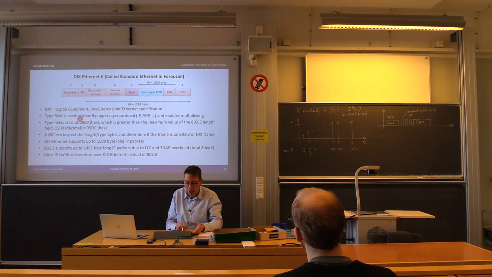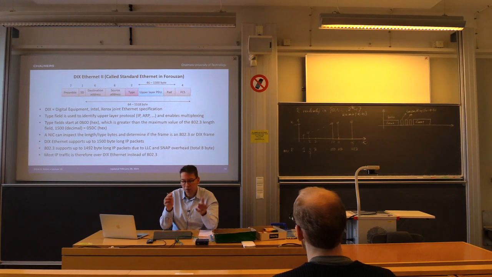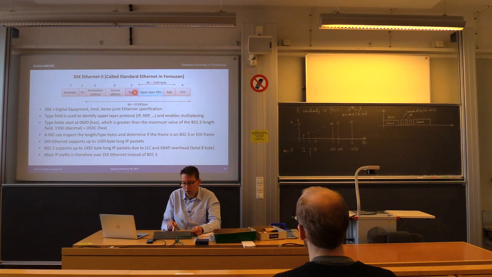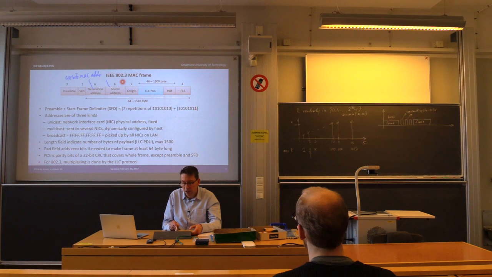Type field starts at 0600 hex, hexadecimal. And this number is actually greater than the maximum value of the 802.3 length field, which is 1500 in decimal, which is 05DC. Okay, so why is this important? Well, if a network interface card captures an Ethernet frame and looks at these 2 bytes and wants to know, is it a DIX frame or is it an 802.3 frame, it can learn this just by looking at these 2 bytes.